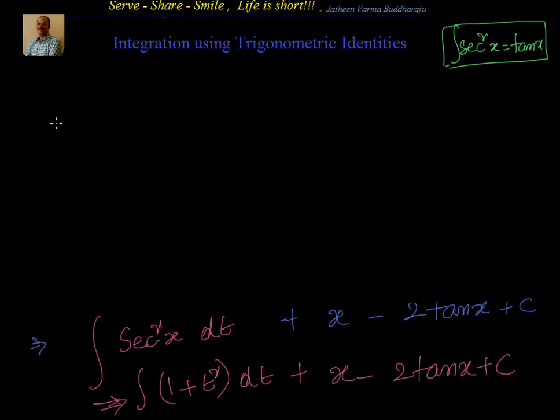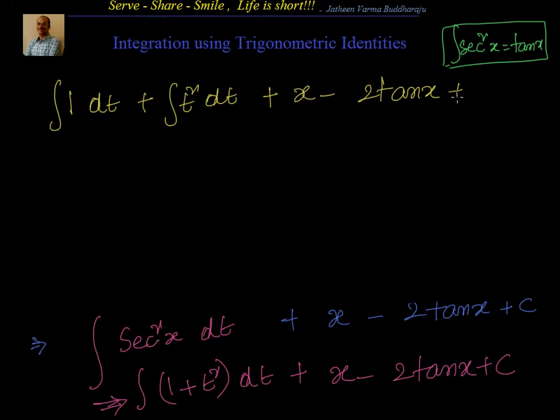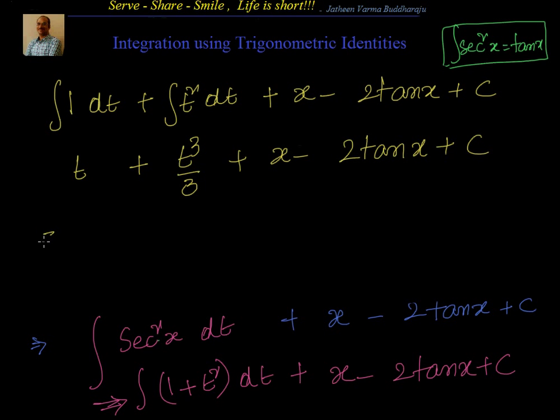Let's go to the next one. Now that's equal to integral of 1 dt plus integral of t square dt, which is easy now, plus x minus 2 tan x plus c. Now what is integral of 1 dt? It is t plus t cube by 3 plus x minus 2 tan x plus c. Now we'll do back substitution.